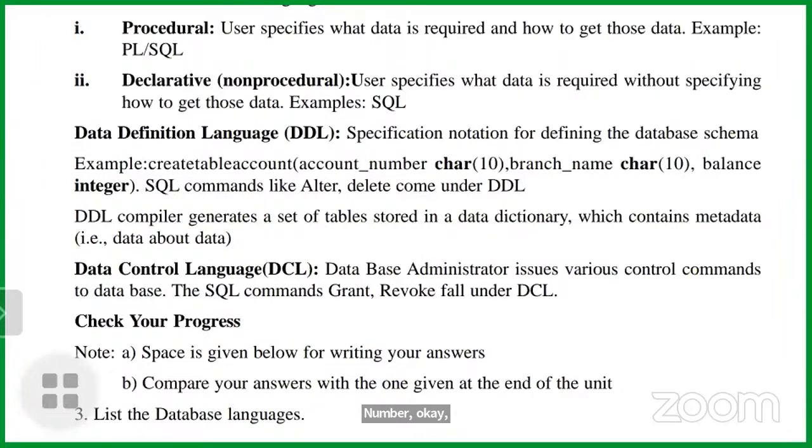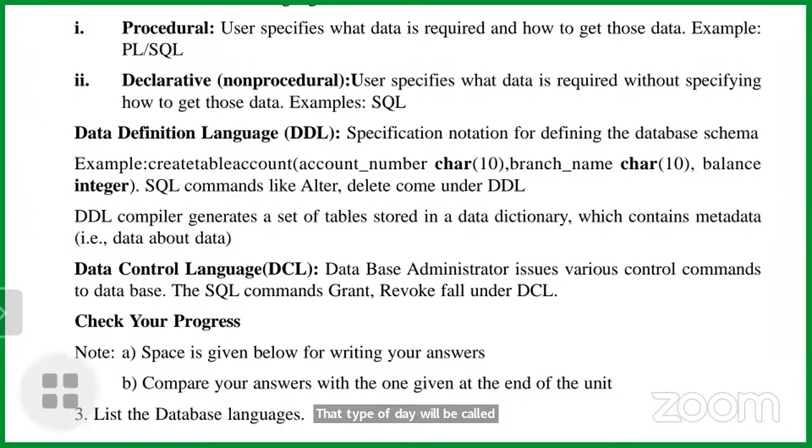Using DDL we can alter the table and delete the table also. The DDL compiler generates a set of tables stored in the data dictionary, which contains metadata. Meaning in the dictionary some predefined tables will be there, and those tables are called metadata.